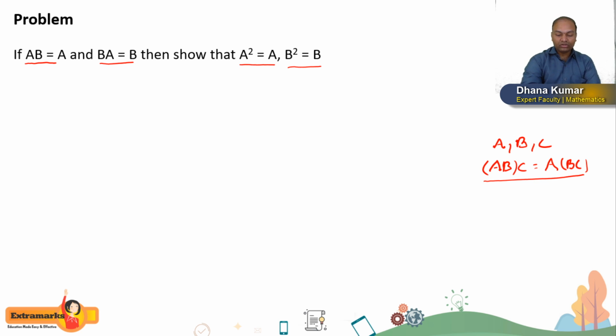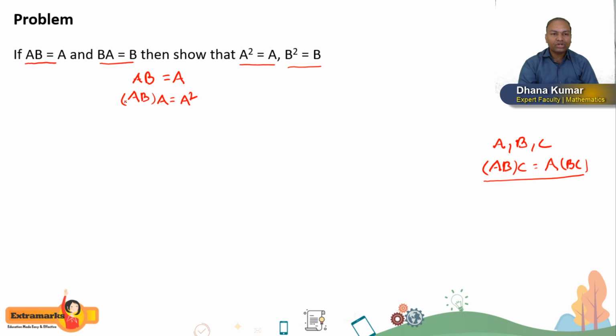So let us come to the given condition AB is equal to A. Now next, multiplying both sides with A, post multiplication I am taking, that is (AB)A is equal to A into A, which is A square.